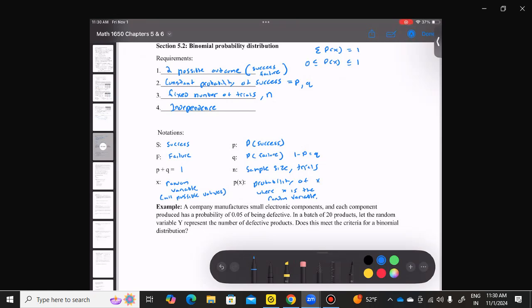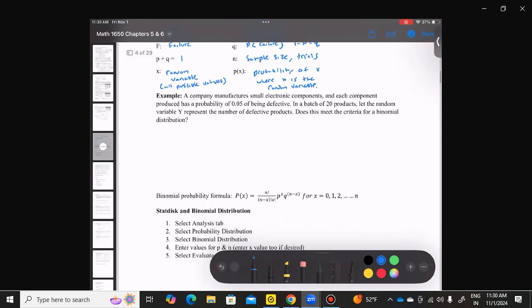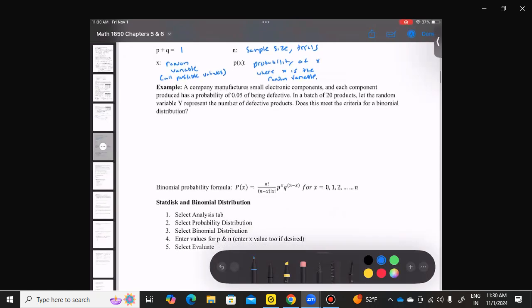Alright, so let's look at an example and check the requirements first. A company manufactures small electronic components, and each component produced has a 0.05 probability of being defective. In a batch of 20 products, let the random variable Y represent the number of defective products.